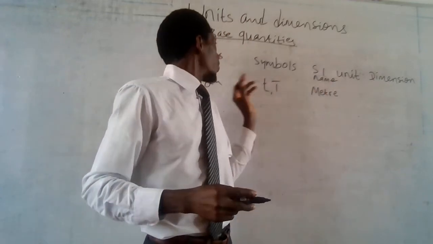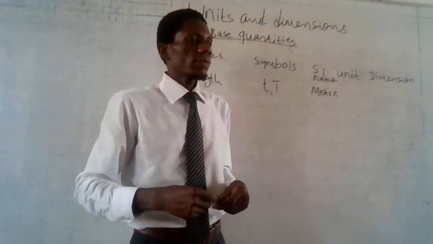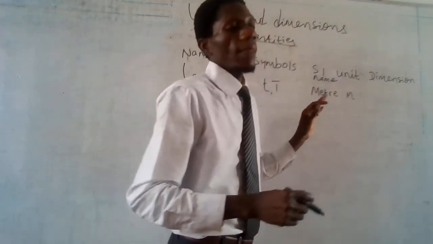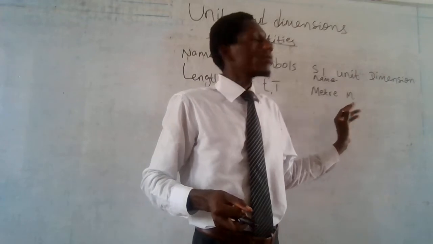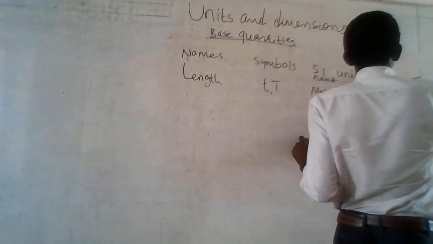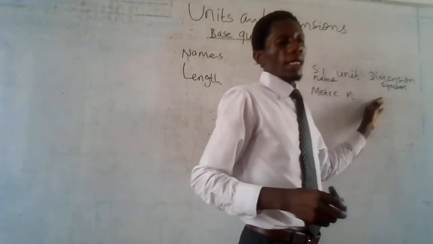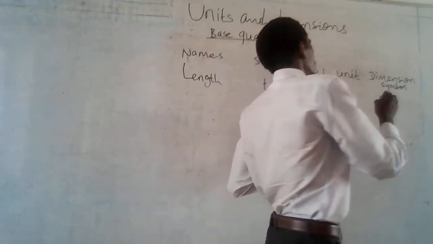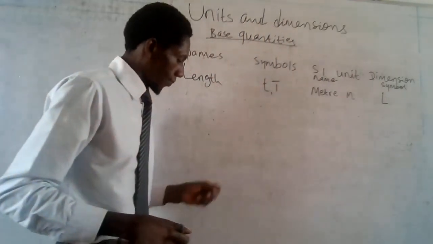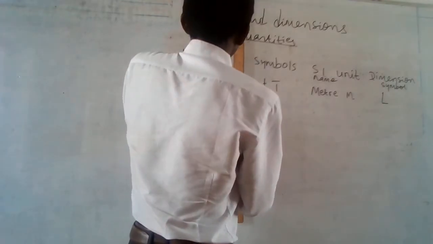SI unit name for length is meter, and then the SI unit symbol is M, and then the dimension symbol is L. So you can see.